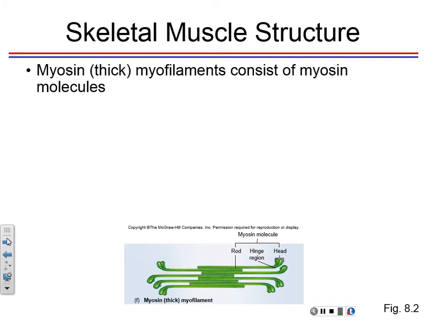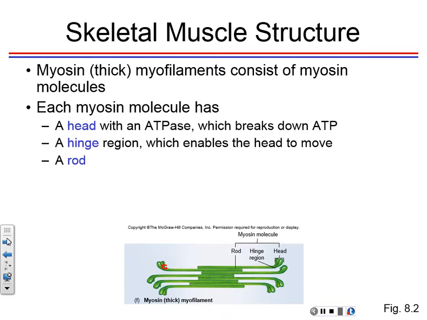So the thick filaments, like I said, called myosin, pretty much just have the myosin heads and a hinge here to allow it to move like this, and they just pretty much contract when they are attached to the actin binding sites, and that's it. So they just have the head, which forms a cross bridge.